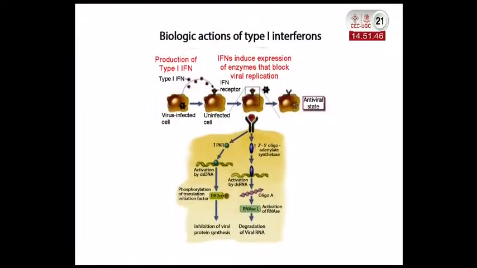Interferon alpha and interferon beta are also produced by macrophages, monocytes, and fibroblasts. Interferon alpha and interferon beta can induce an antiviral state by binding to their receptors. Binding of interferon alpha or beta to their receptors gives signals to the cell to express many genes.